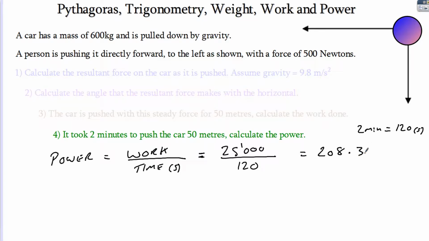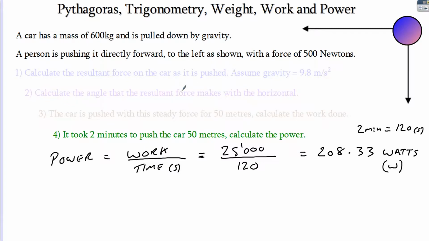So to 2 decimal places, it would be 208.33. And what are the units of power? You need to double check the equation formula sheet that I've given out. So it's watts.